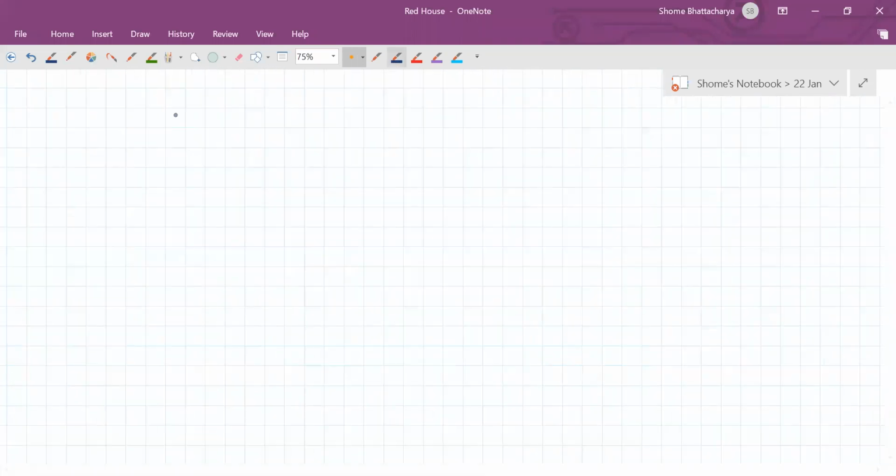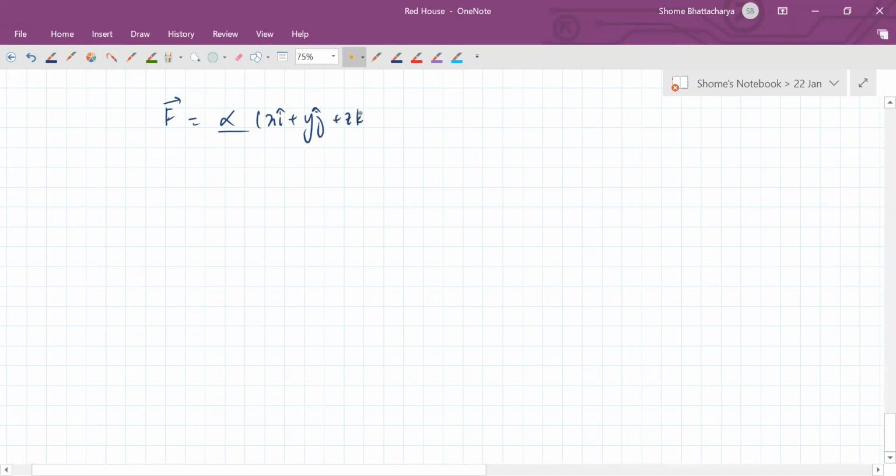So we can see that the force being like this, if they make a differential displacement, it will have components dx, dy, and dz.